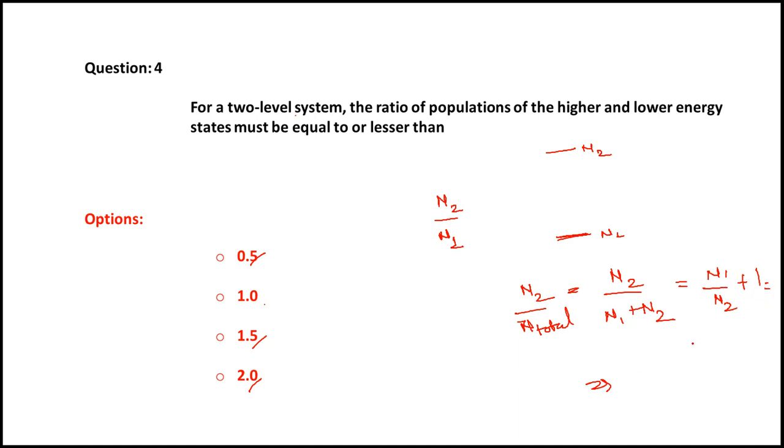Then if you subtract 1 on the other side, N1 by N2 should be greater than 2 minus 1, that is 1. And then N2 by N1 should be less than 1.